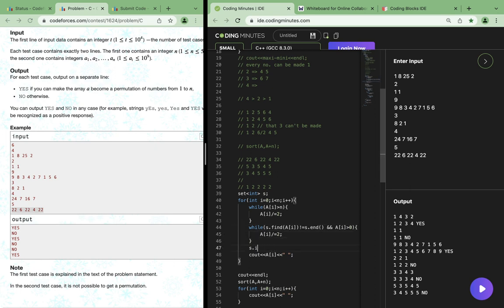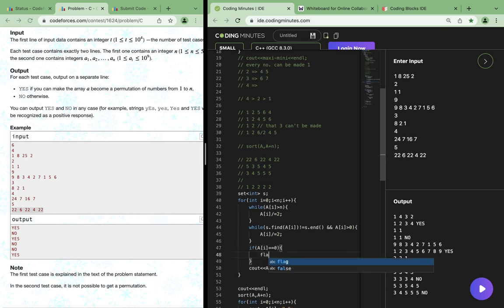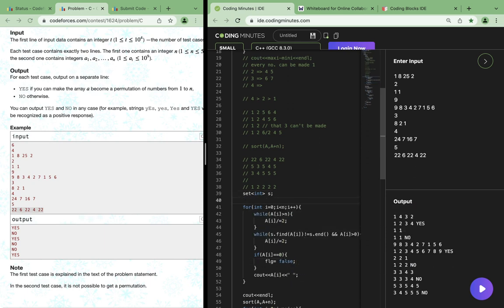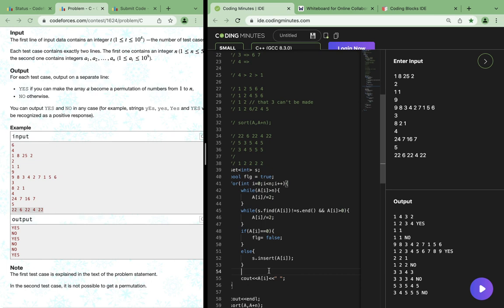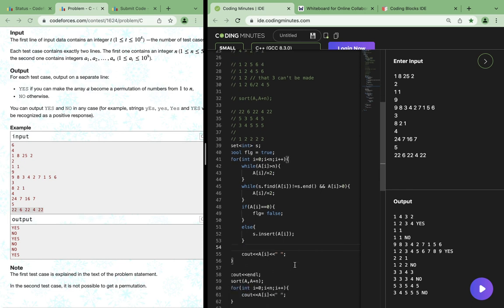And if a of i equals 0, then we can straight away say that the flag, bool flg, equals false, else s dot insert a of i. And yep, this should do the job.